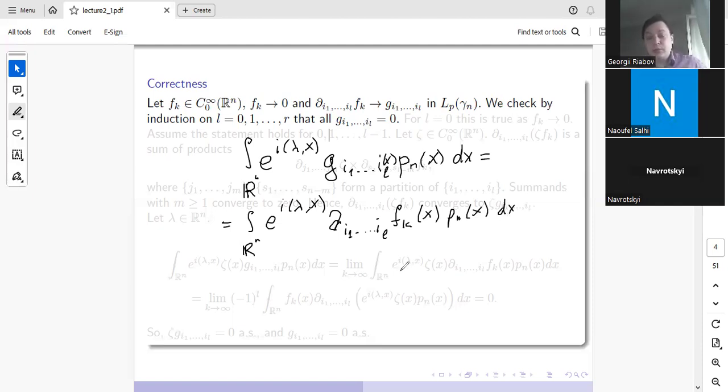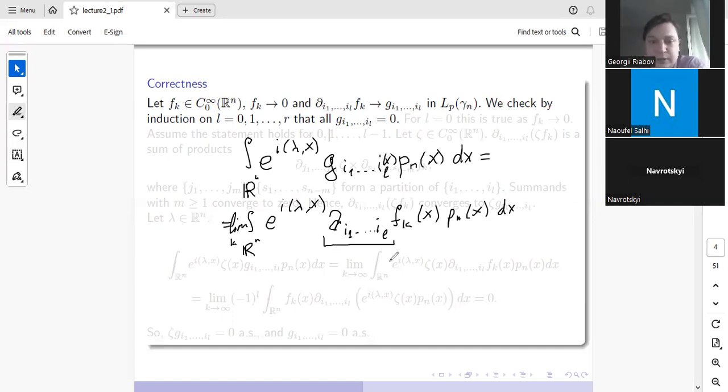And now what is natural to do is to integrate by parts L times and say that, since fk converges to zero, we will get a zero in the limit.